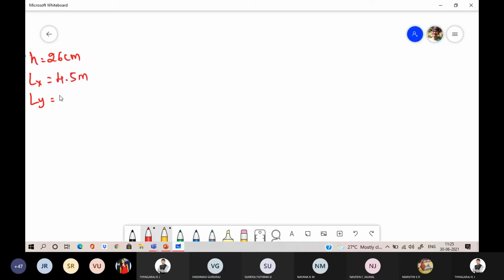LY value, 3.5 meter. Then what else they have given? K value 6.9 kg per centimeter cube. Then what else? The loaded area, 15 centimeter. Then Poisson's ratio we know, 0.15.